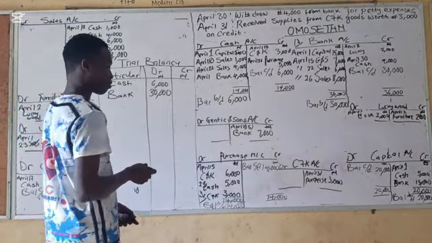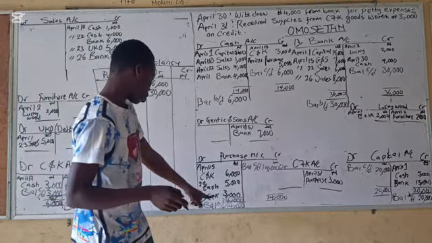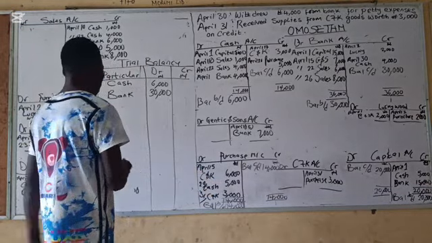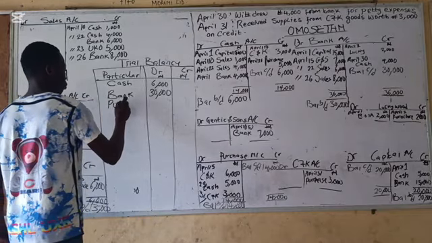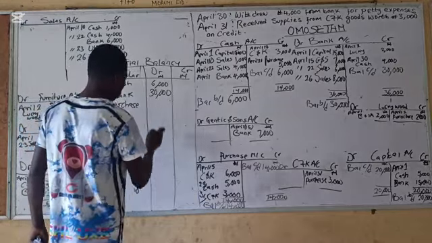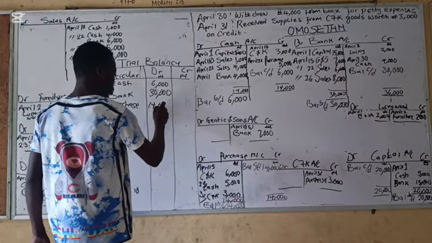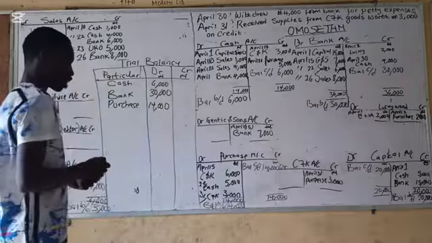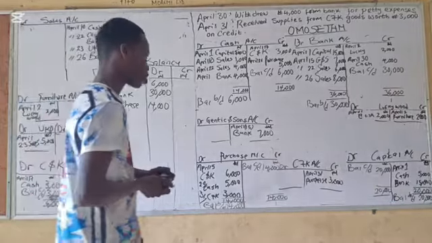Now the next one we have purchase. Purchase has a debit balance of, so I'm writing the debit balance first, which is 14,000. So we have 14,000. Now which account again has a debit balance?